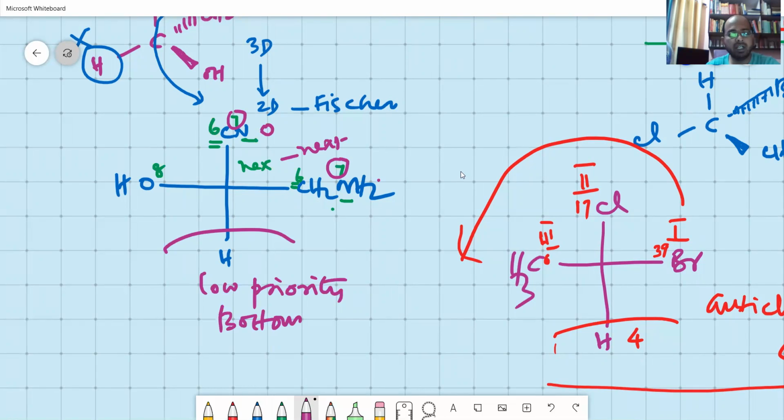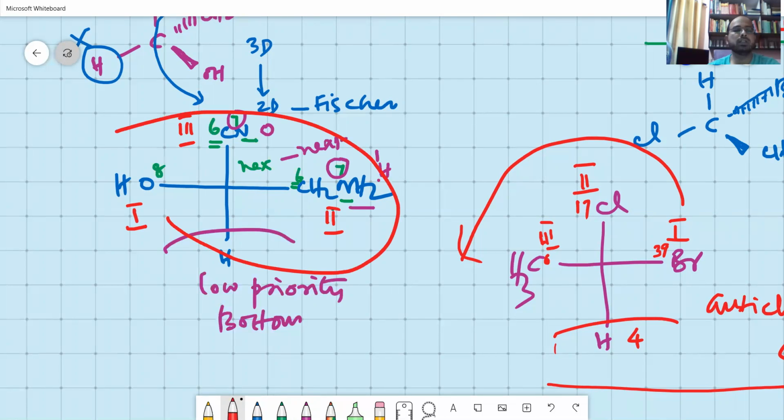Here you have hydrogen which is equal to 1. Therefore this is greater. So priority for OH is 1. Priority for CH2NH2 is 2. Priority for CN is 3. And then you can see that the rotation 1, 2 and 3 goes anti-clockwise. Therefore it is S configuration.